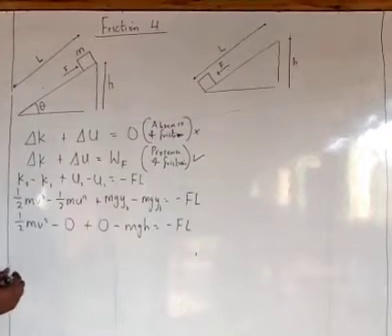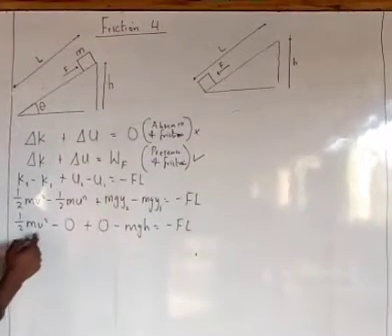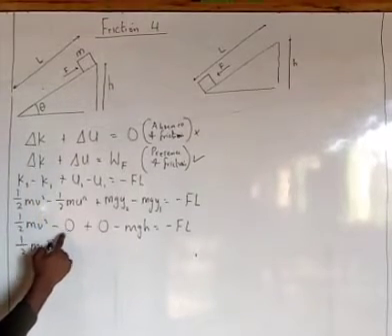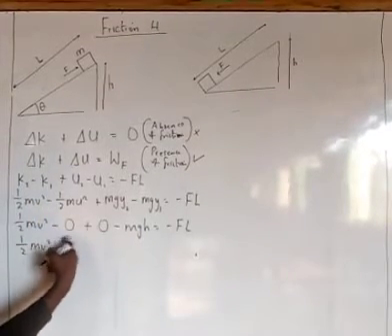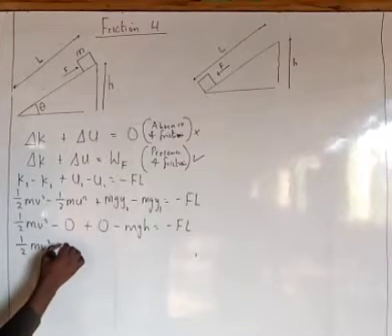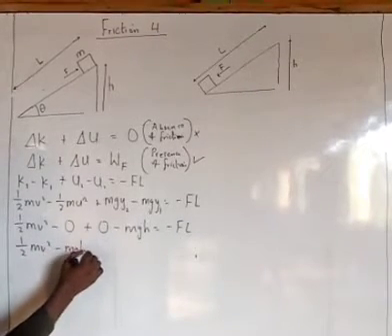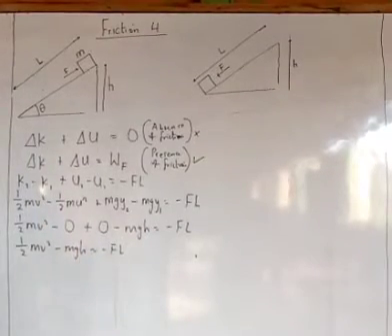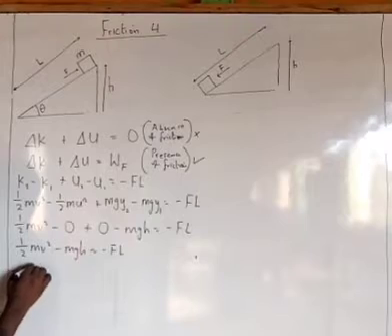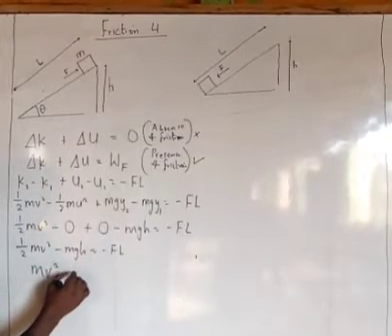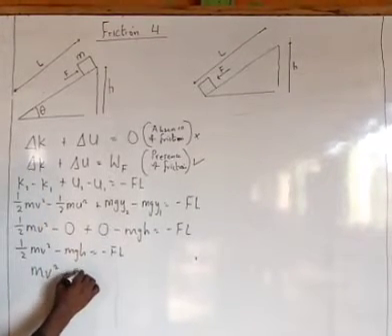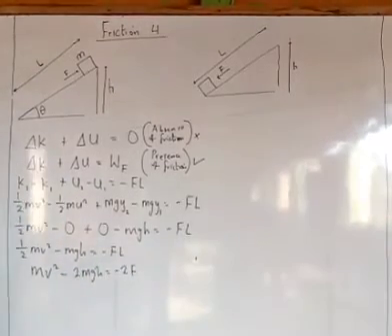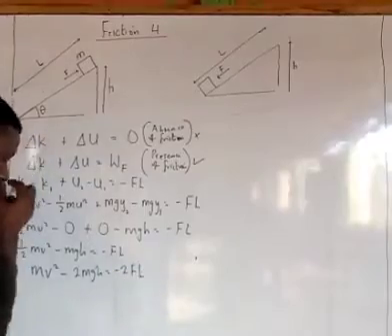All right. So what do I have left? I have half mv square minus 0 plus 0, that is 0, then minus mgh is equal to minus FL. Let's multiply by 2. We have mv square minus 2mgh is equal to minus 2FL.